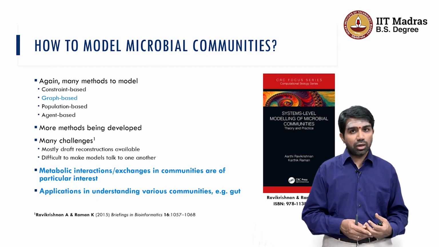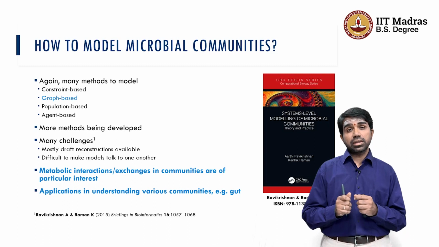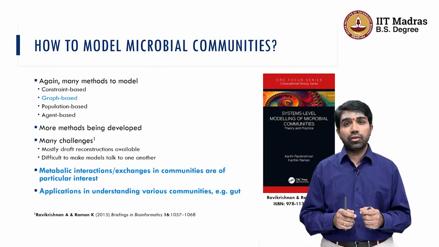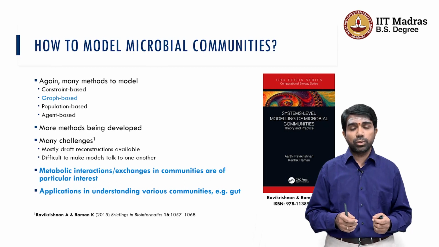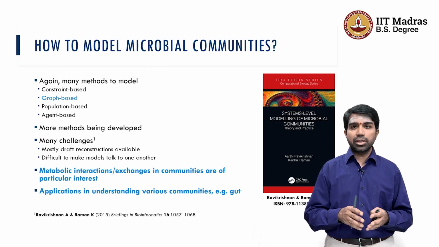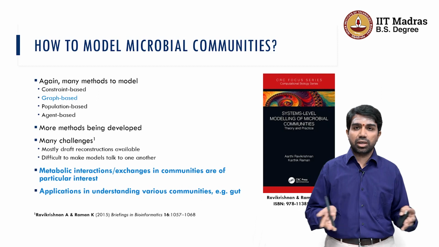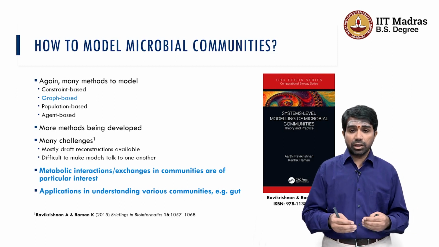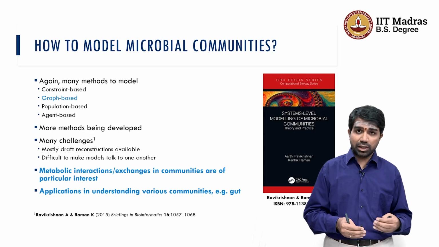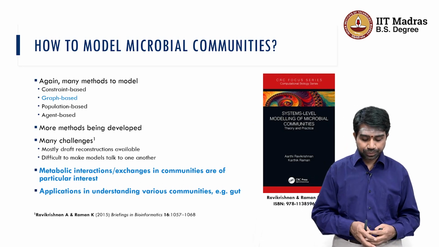But I will not get into all of those things, because we will focus mainly on models that are available from excellent databases such as Agora or Virtual Metabolic Human, which are pretty much compliant and easy to merge and very compatible with one another if you want to look at metabolic exchanges and the metabolic interactions, predictions and so on.